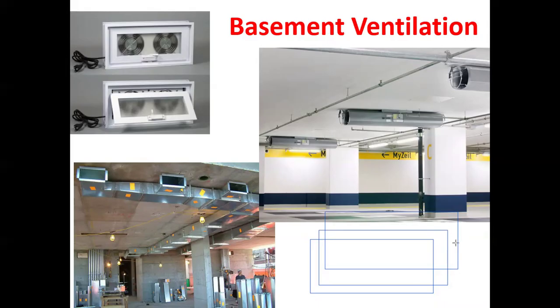It's just a hollow space, guys. On top of this shaft area, you will be connecting a centrifugal fan, and this fan will supply the fresh air across the shaft area like this.